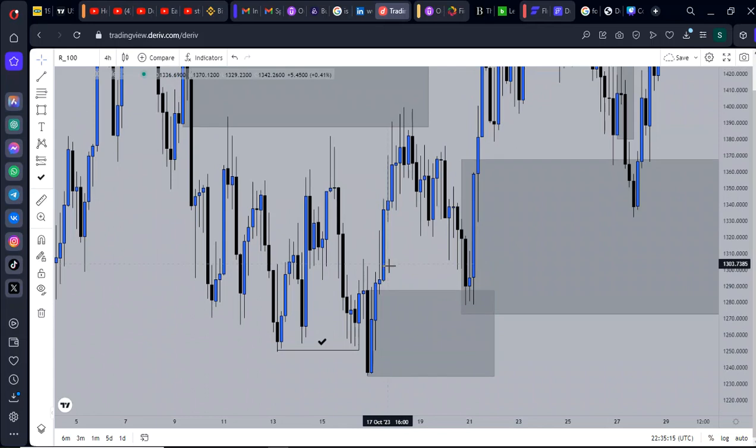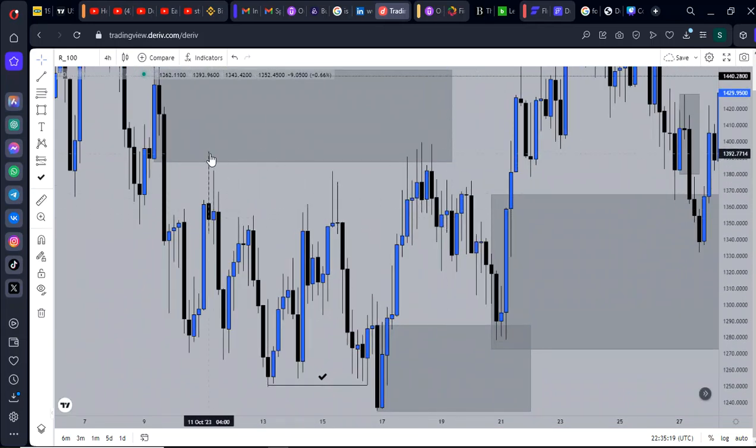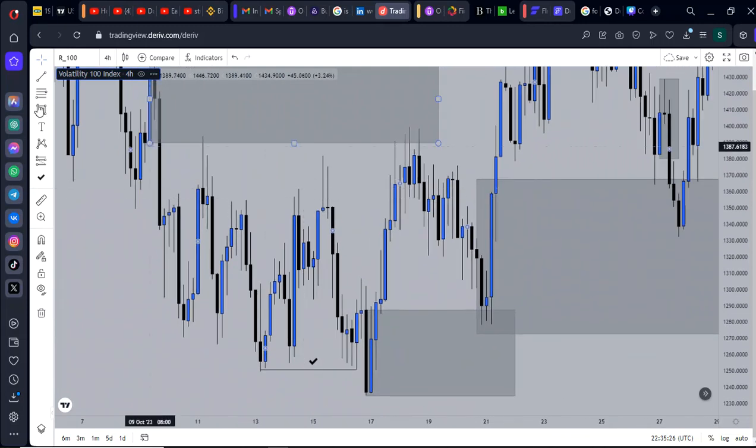After that we traded higher, and since price had already tested this order block, when price gets there again it will not be valid anymore, and there was no confirmation entry. I always advise that you should always trade the confirmation entry.